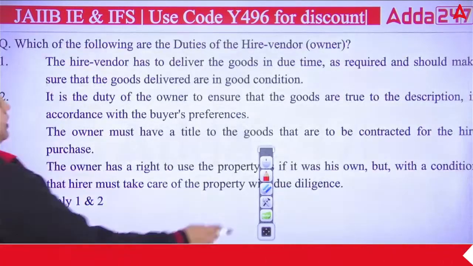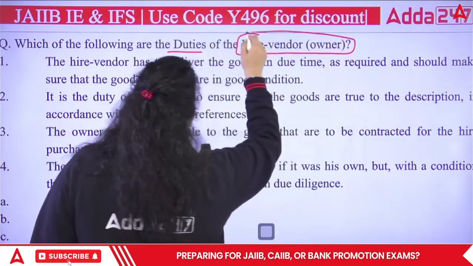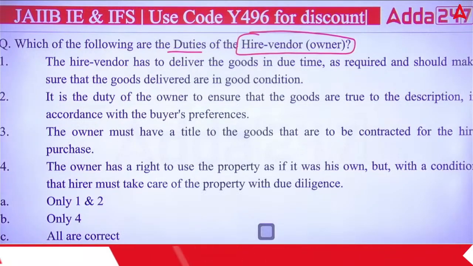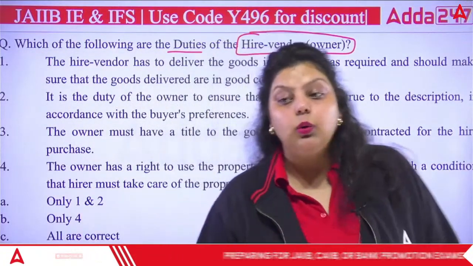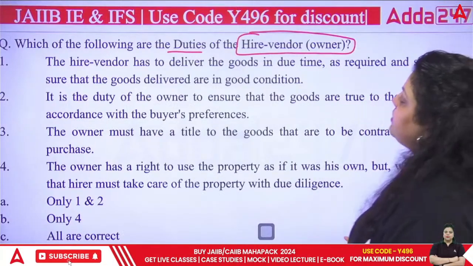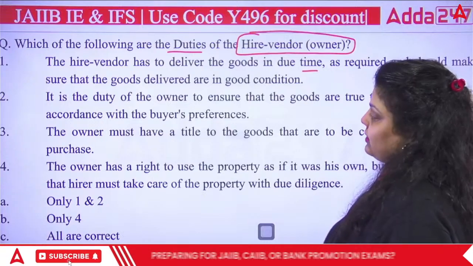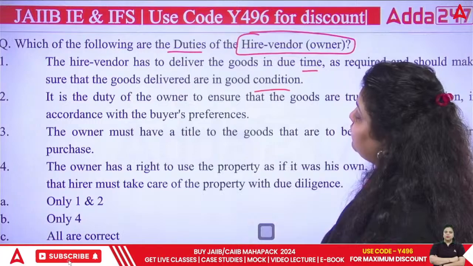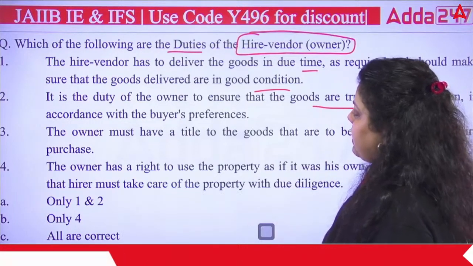Next, which of the following are the duties of the hire purchase vendor? The question is asking which of the following are the duties of the hire vendor. Vendor means the person who is selling the product, that's the owner. First is saying the hire vendor has to deliver the goods in due time as required and should make sure that the goods are delivered in good condition. Second is saying it is the duty of the owner to ensure that the goods are true to the description in accordance with the buyer's preference.